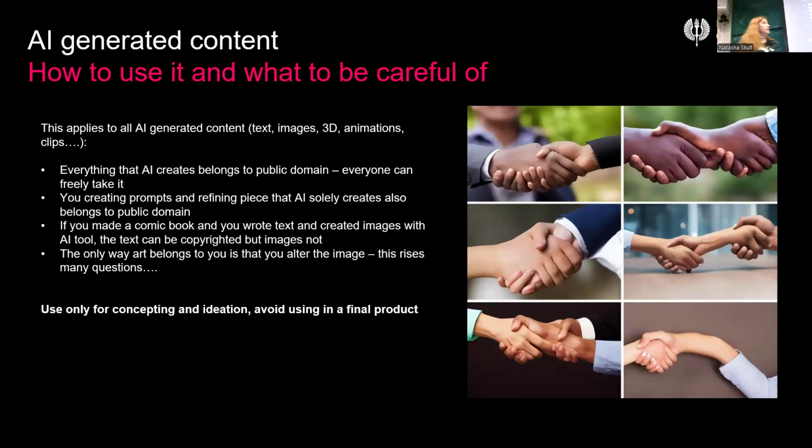Because if you don't have ownership of the IP, then you can't do any actual business licensing or anything like that. Basically, anyone else can take that character or anything else and run with it, and you have zero rights. So basically now, currently, everything that AI creates belongs to no one. It's public domain. But now the question is how long that will be.